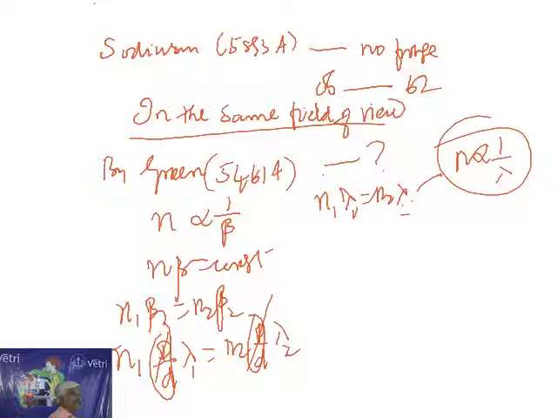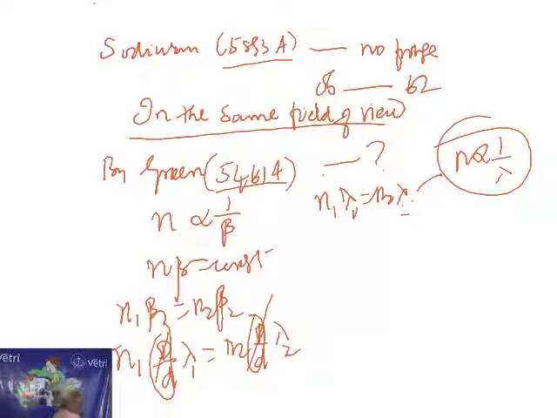So here, kindly go through the question. The first wavelength is 5893, the second is 5461. So the wavelength decreases. As per this concept, if the wavelength decreases, the number of fringes should increase. Therefore, the answer should be more than 62.